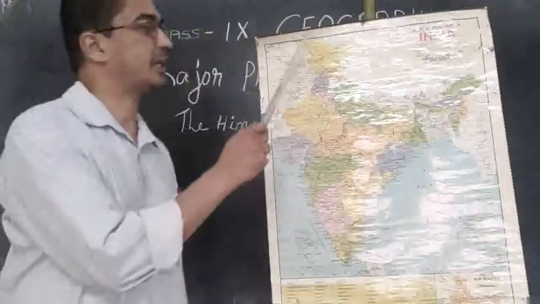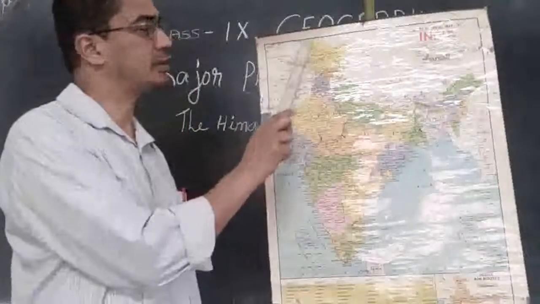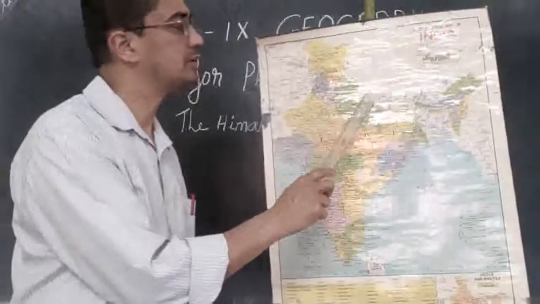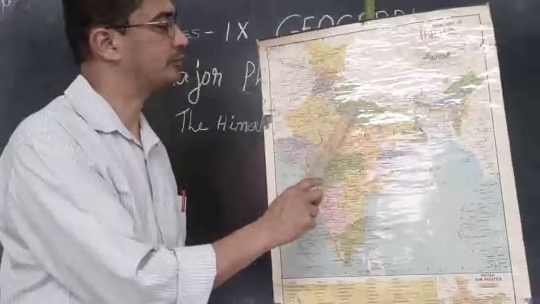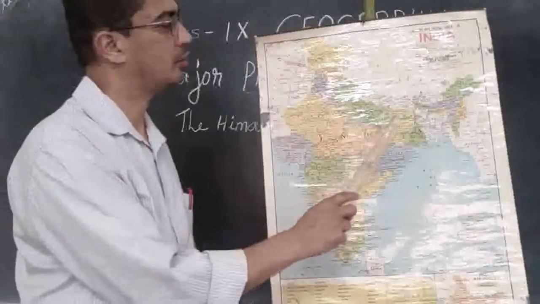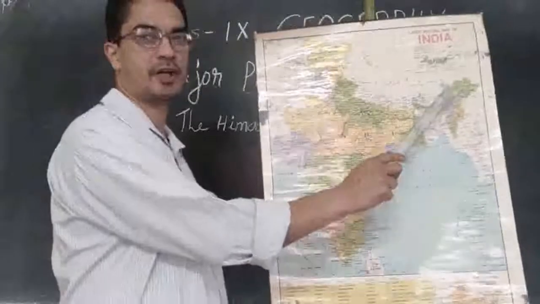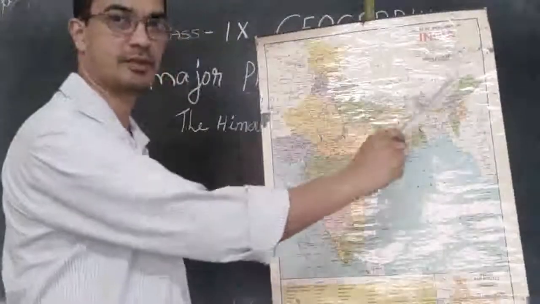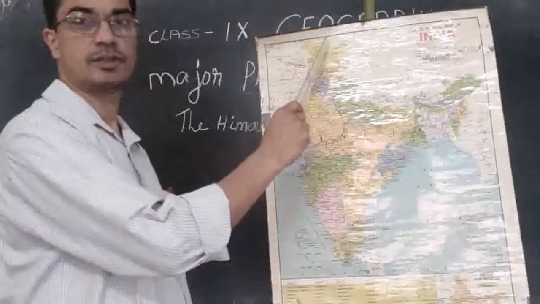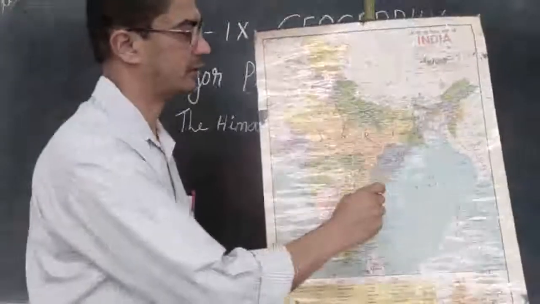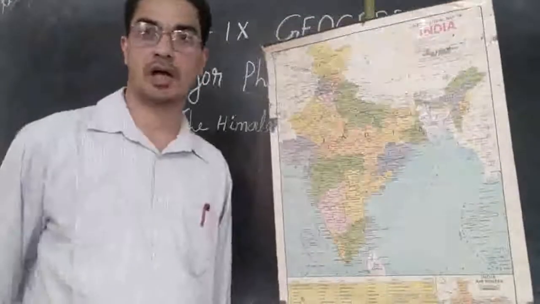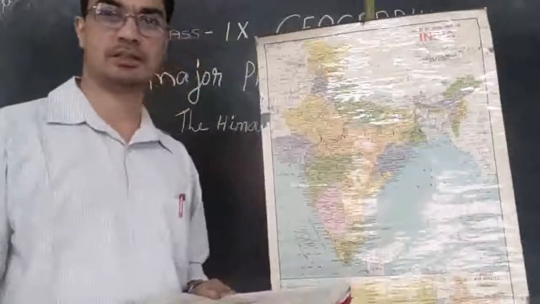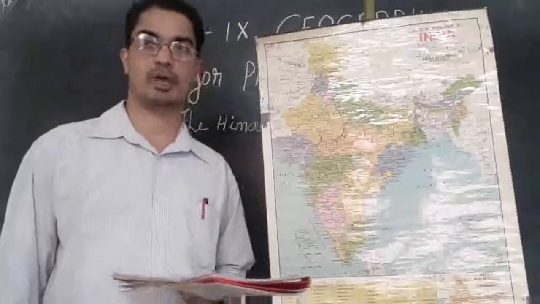You will find it starting from Jammu and Kashmir on the extreme north, and it comes down the border of Nepal, then it goes up to Arunachal Pradesh in the northeast. So it is like a curve, no? The mountains that we have in Arunachal are part of the Himalayan Mountains.